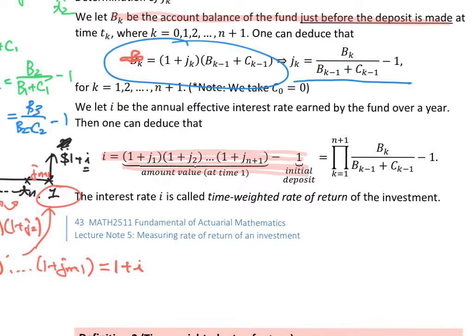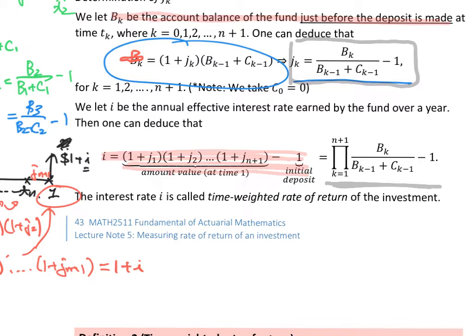If you want to get the exact formula, recall that each JK can be expressed in terms of the account balance at different periods. You just substitute it into here, and then you will get this final formula.